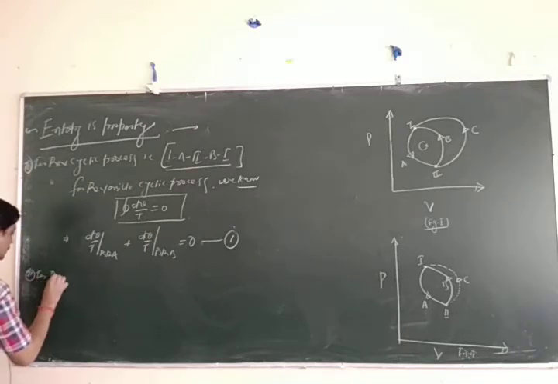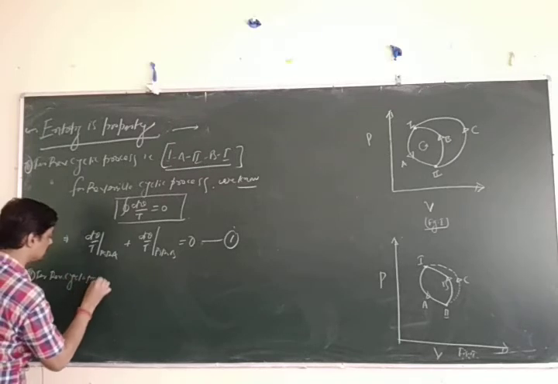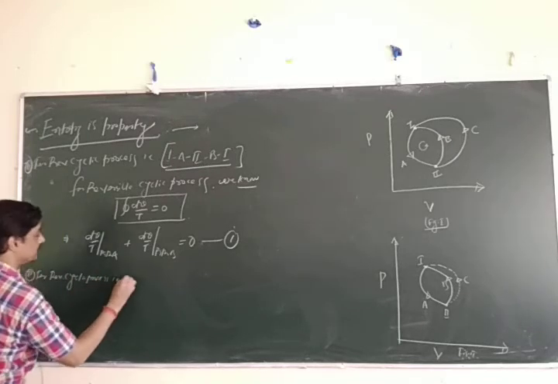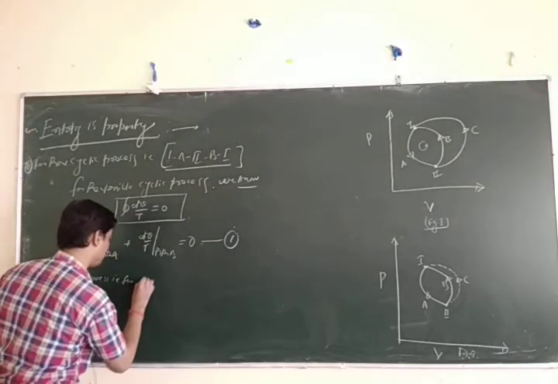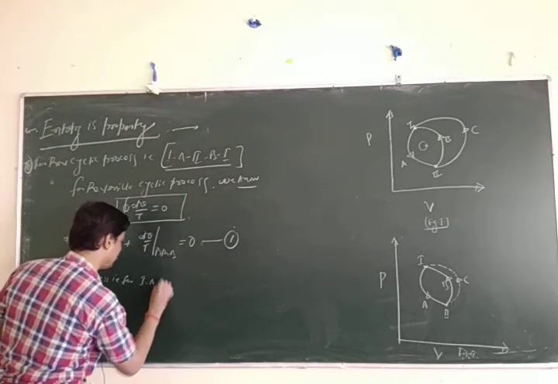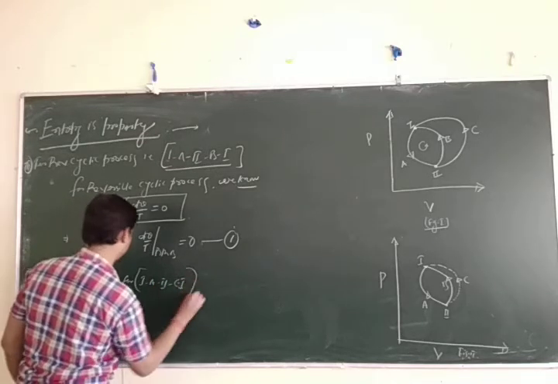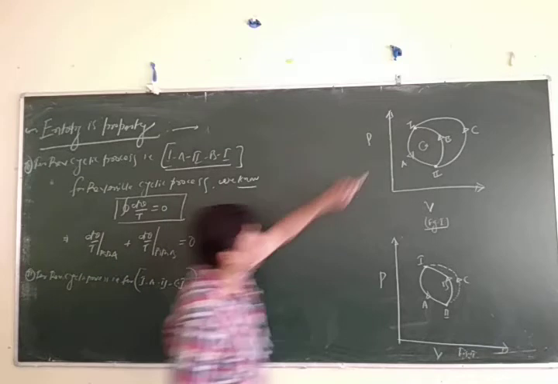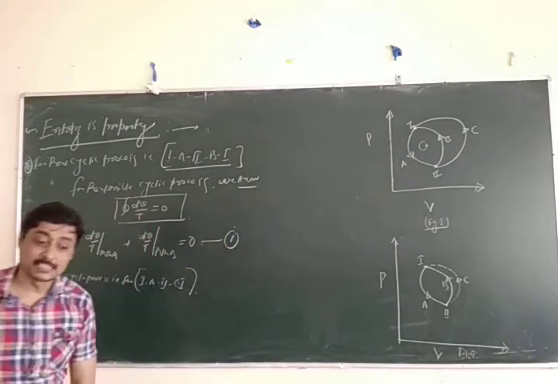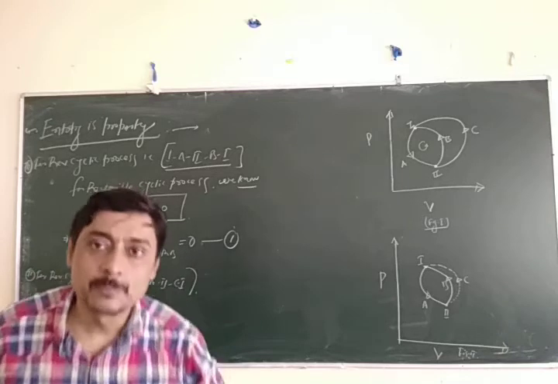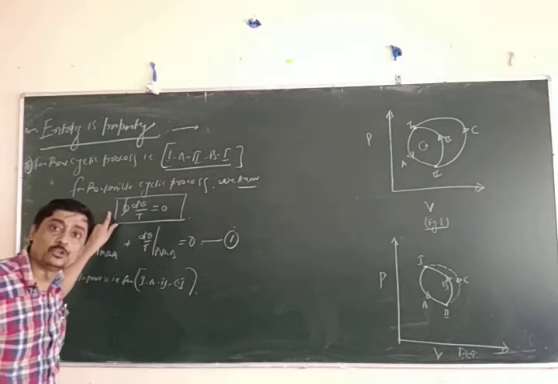Similarly, for the reversible cyclic process 1A2C1, which is another cycle, once again this is a reversible cyclic process. Therefore, the cyclic integral of dQ by T will be equal to 0.